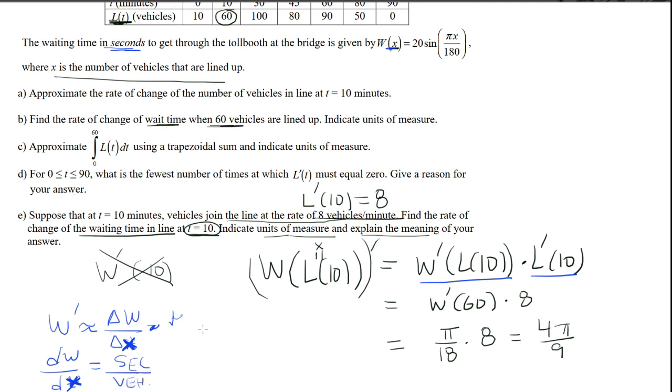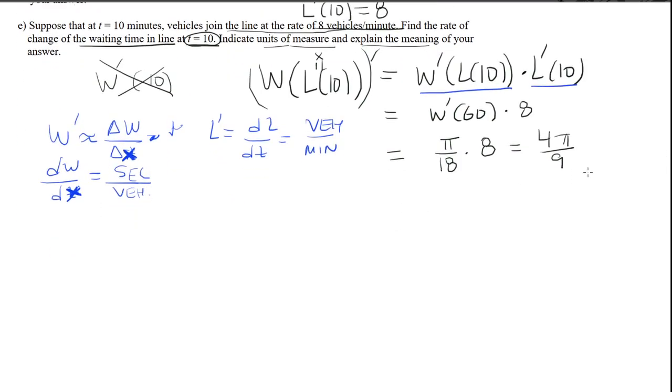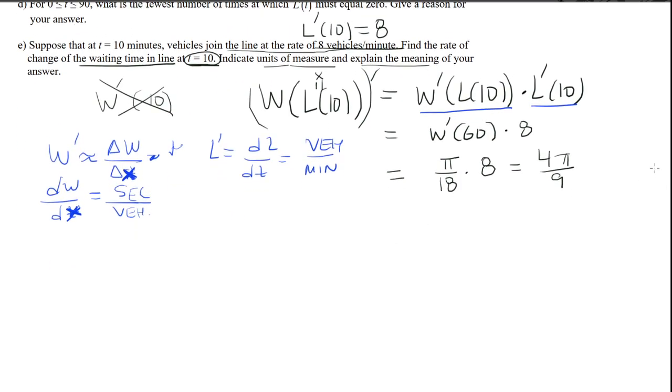Okay, L prime is dL over dt. L is the number of vehicles. T is the time in minutes. So I'm going to be multiplying these 2 things. Okay. So W prime, that's seconds per vehicle. L prime, we said, is vehicles per minute.